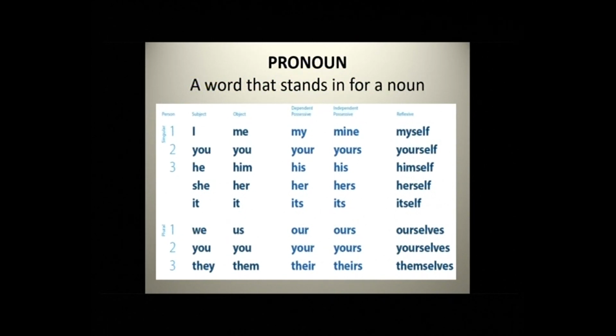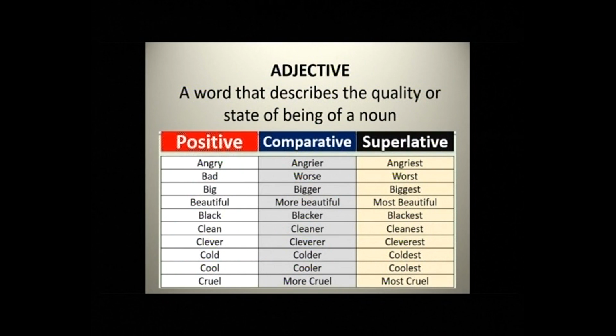Then independent is yours. Then yourselves as reflexive. Similarly third person they, them, their, theirs, themselves. So all these are singular first person, second person, third person and plural first person, second person and third person pronouns, right?